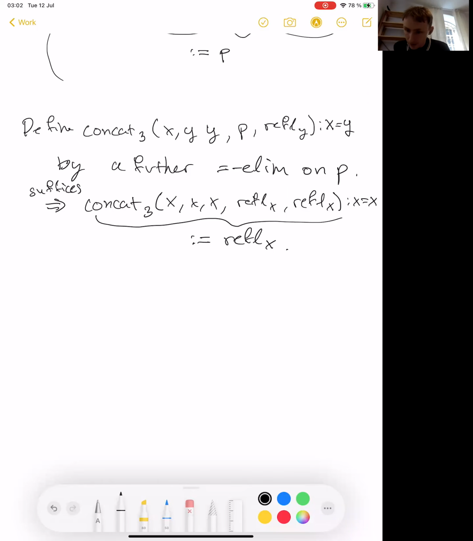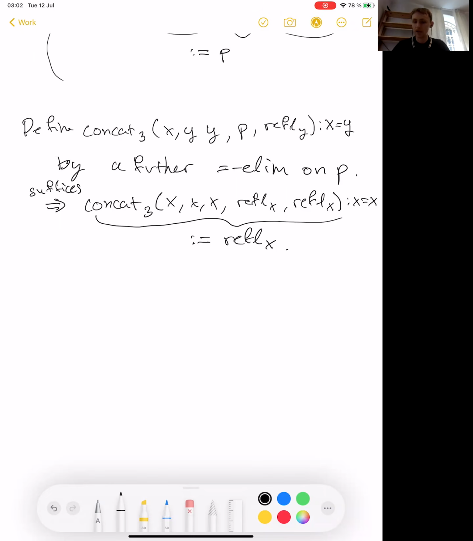Question, does the order of eliminating on both P and Q matter here? Do the two versions of concat 3 behave differently? Aha. So yeah, what I did now is I started by inducting on Q and then on P when I constructed concat 3. I could have started with inducting on P and then on Q. But no, they will be defined in the exact same way, because they're really defined by the refl case.